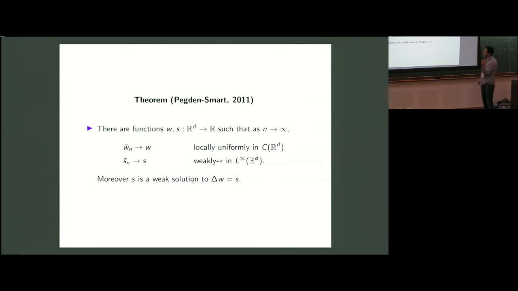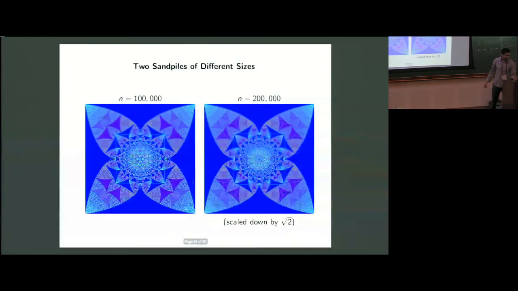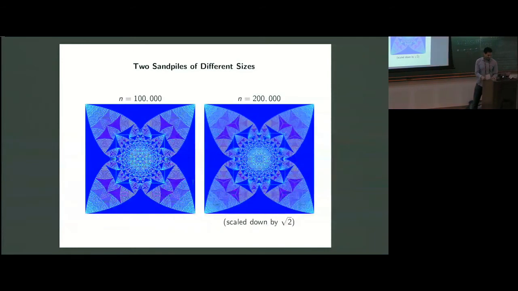So it's a convergence of local averages. It means that near any point in R^d, you can ask, when I make the lattice really fine, what's the amount of sand I see in a little ball centered there? That's the kind of behavior that this limit S is capturing. So it's not everything you would want, but it's a really good starting point.